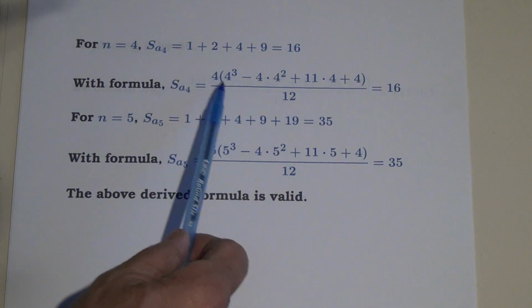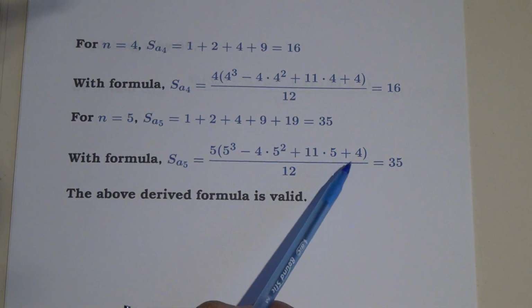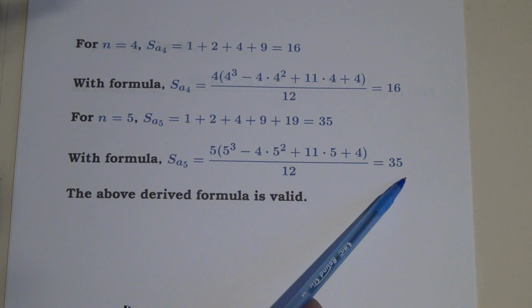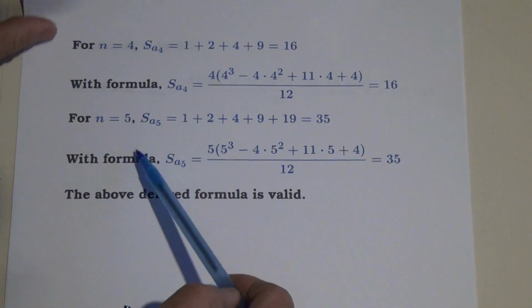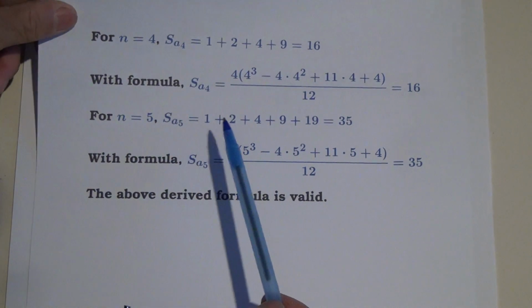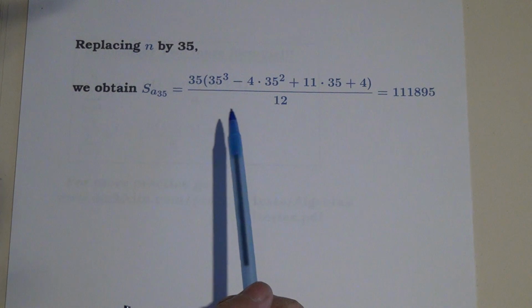Exactly the same thing, but we just replace n by 5 instead of 4. Eventually the calculation gives you 35. We checked with the 2 cases, so it is pretty much reliable.